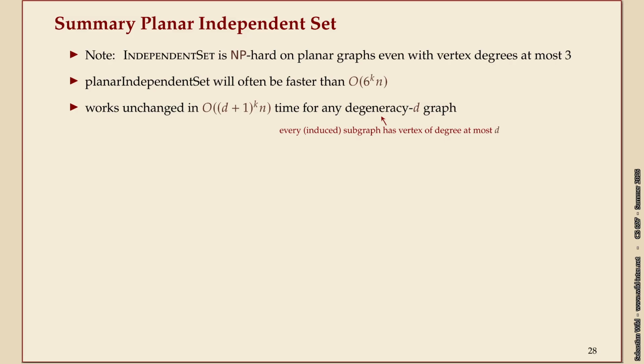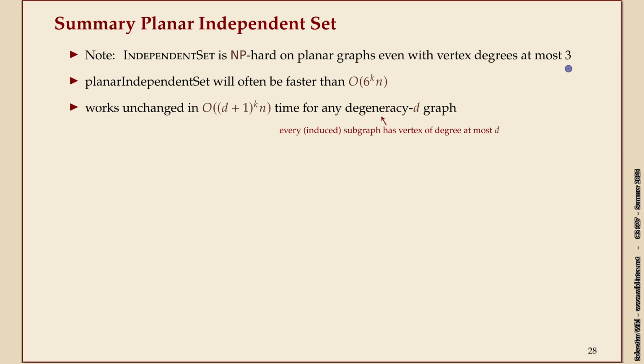So one remark is that indeed the 6 to the k may not be the absolute best possible, but some exponential dependence on k is likely not avoidable, because the problem is still NP-hard even on planar graphs, when the vertex degree is at most 3.